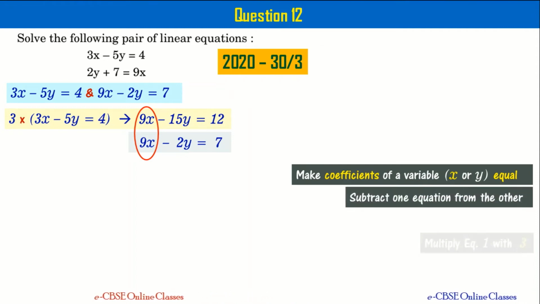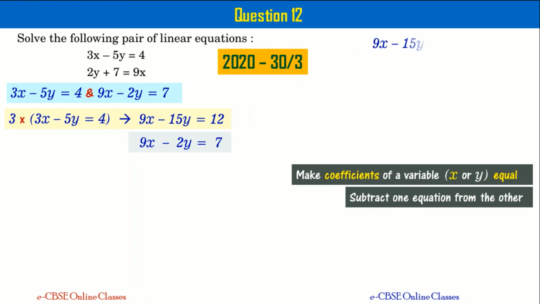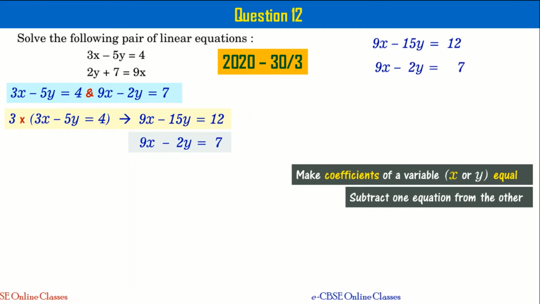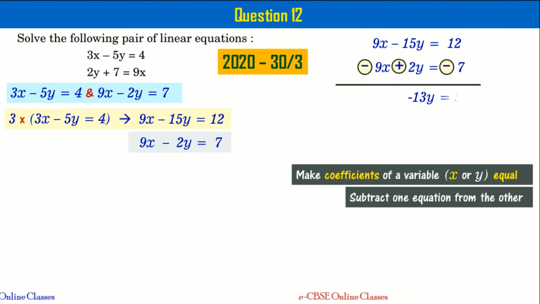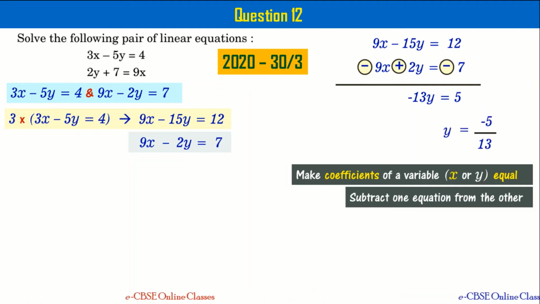The next step is to subtract one equation from the other. When you do that, to subtract, we change the signs of the second equation, the equation at the bottom, and simply add them, such that you get minus 13y equal to 5. It means y equal to minus 5 by 13, right?